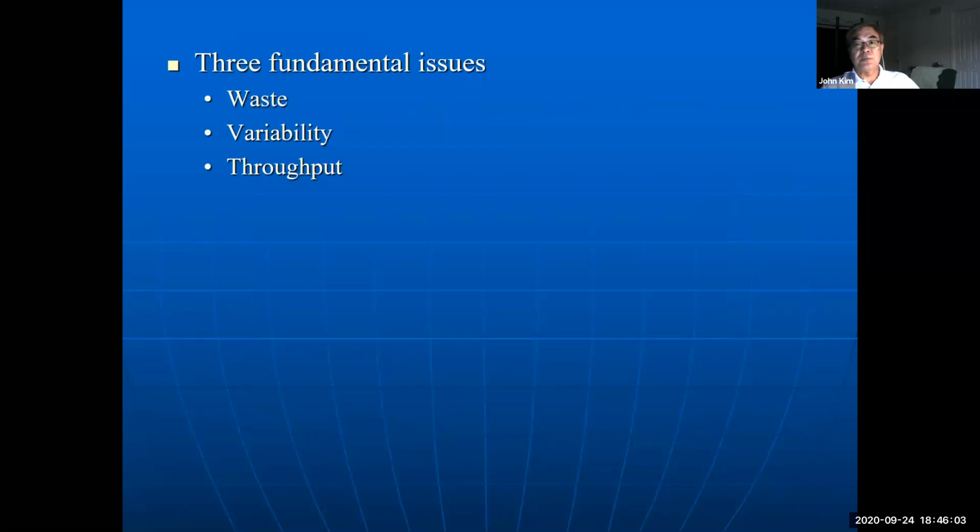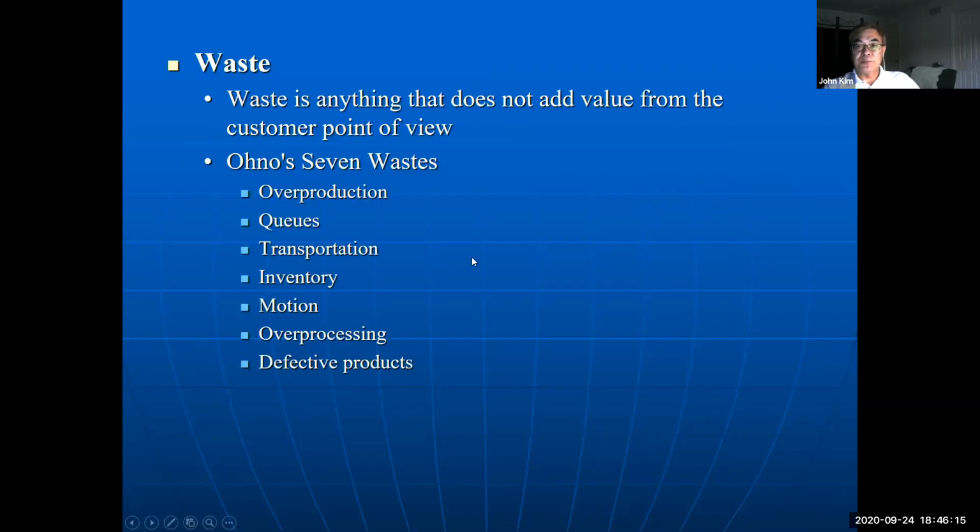In the JIT system, three things are fundamental issues: waste, variability, and throughput time or throughput rate. Waste. Waste is anything that does not add value from the customer point of view.